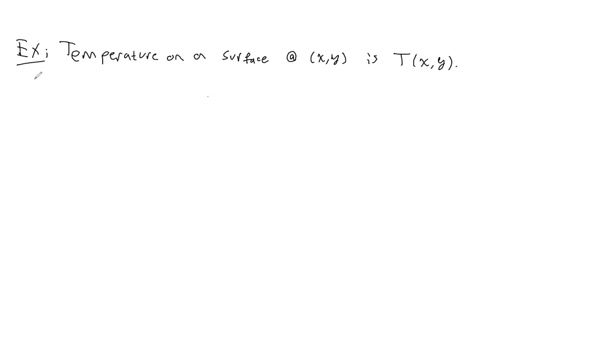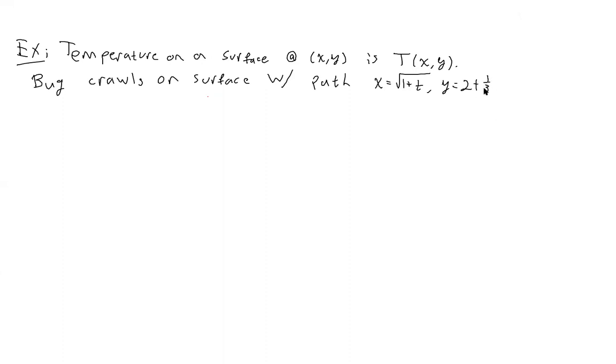And we've got a bug that is crawling on the surface. The path that this bug is taking is given in parametric equations by x equals root 1 plus t, and y is equal to 2 plus 1/3 t.